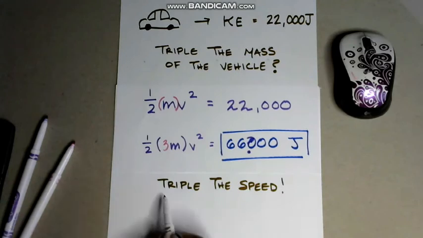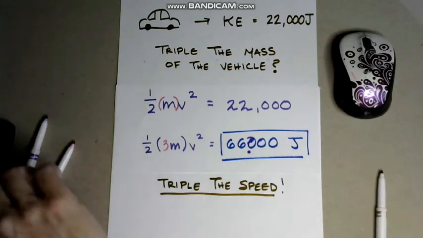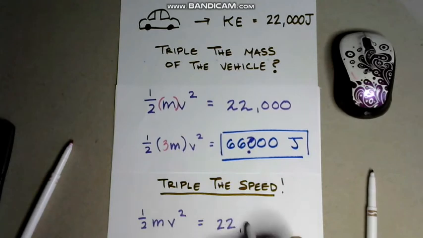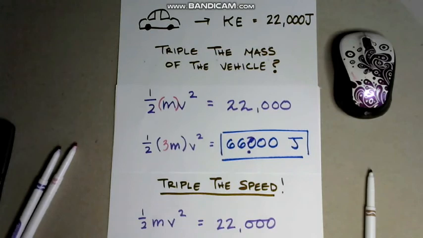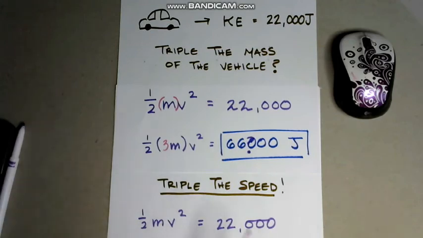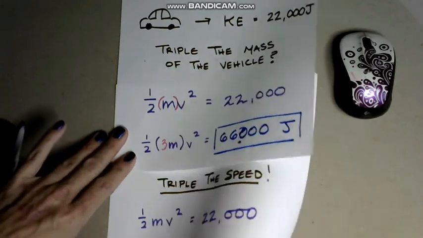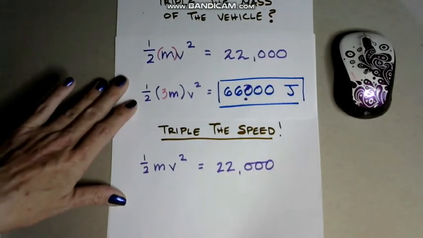Let's go back to our original equation, which was 1/2 mv squared equals 22,000. What am I tripling here? The v. So let me move this up.